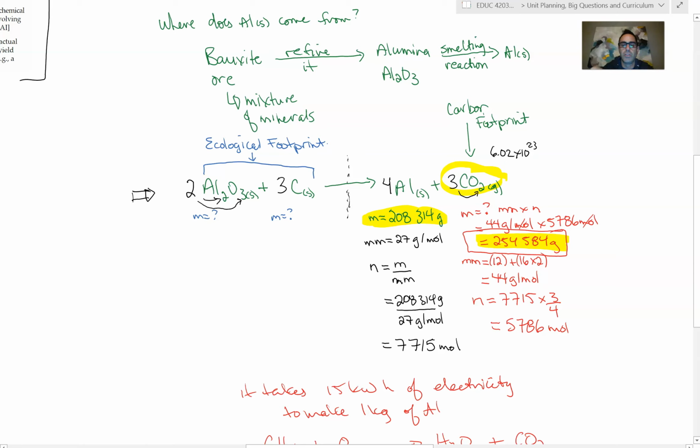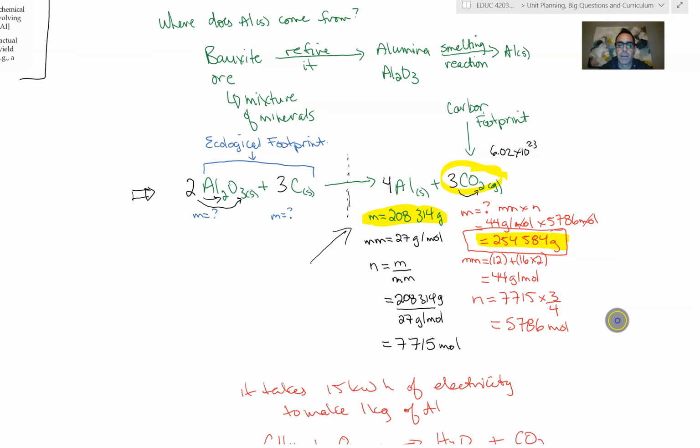So we determined, through some assumptions that we would have to defend, of course, that we would need about 208,000 grams or 208 kilograms of aluminum just for all the aluminum cans we go through in a lifetime. And what we wanted to do is figure out how much carbon dioxide that would produce, because that's a carbon footprint. There's other footprints we also could research, but that was the main one.